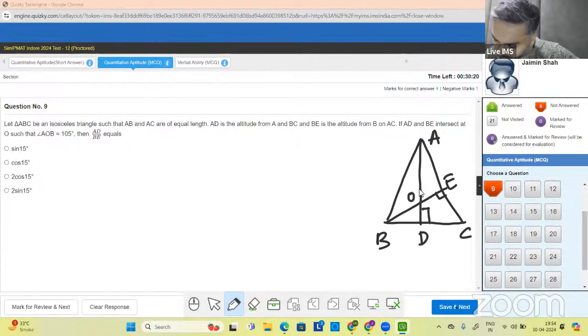Okay, so basically this angle is 105. Then AD upon BE is equal to what? Basically all the triangles will be similar, right? All the triangles are similar. This is 105, this is 90 degrees.